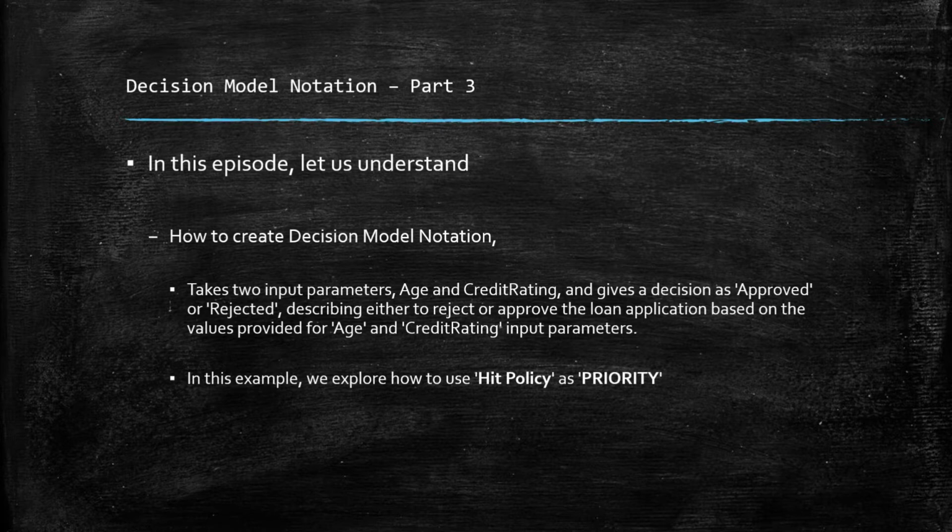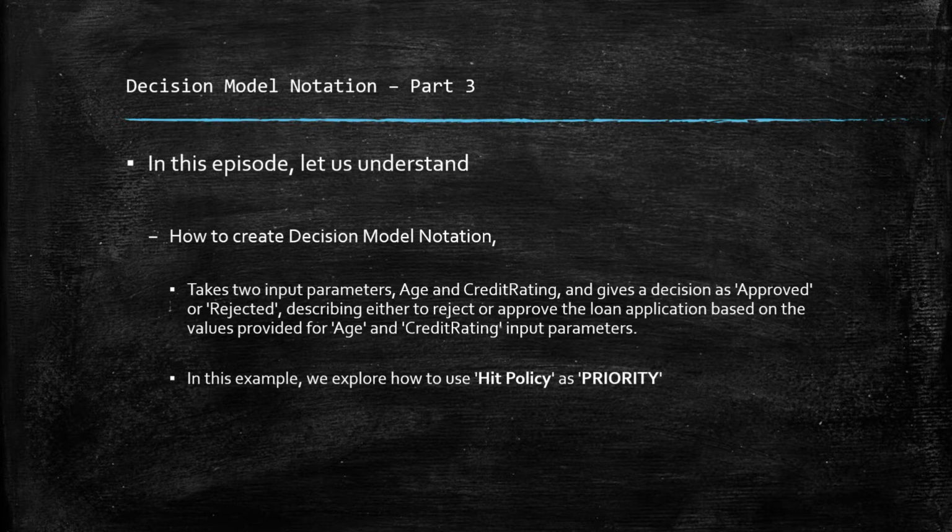If there are rules inside the decision model which result in different output values, either approved or rejected, for the same values provided for age and credit rating, in such scenarios you can use this hit policy as priority and define the priority of execution of those business rules that you define as part of your decision model.